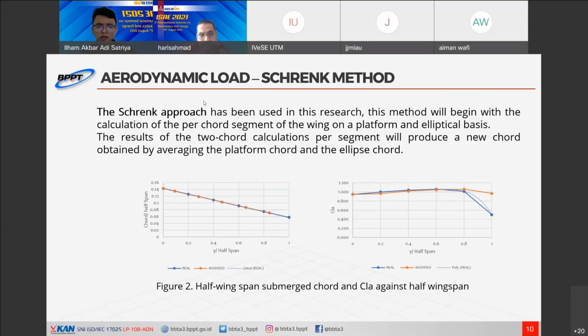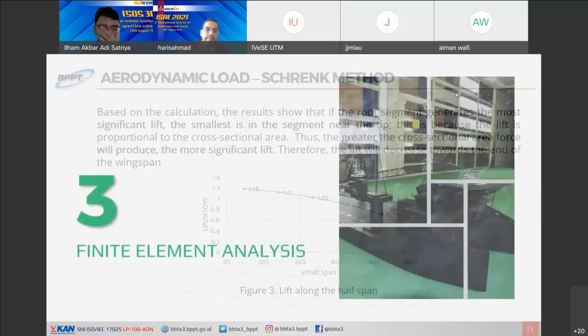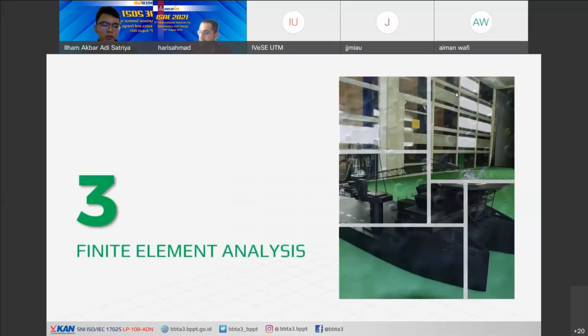So we will have the wing load on the wing structure like this graph, Figure 3. As we see, the highest load is at the root and the tip has the lowest wing load.